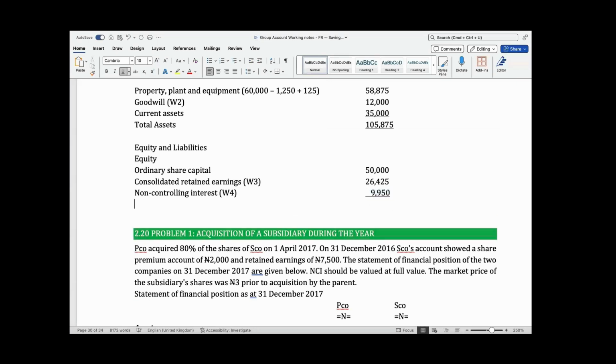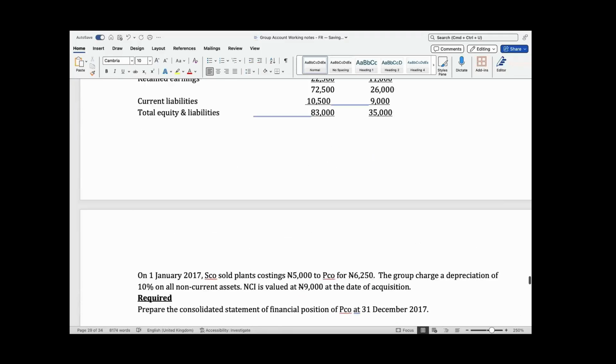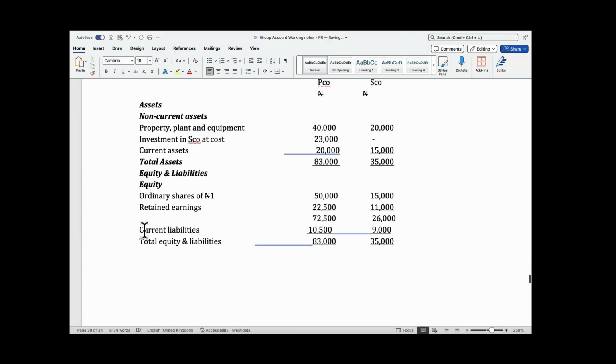What is the addition of everything? 86,375. Okay. Which other item do we have? Current liabilities, 19,500.